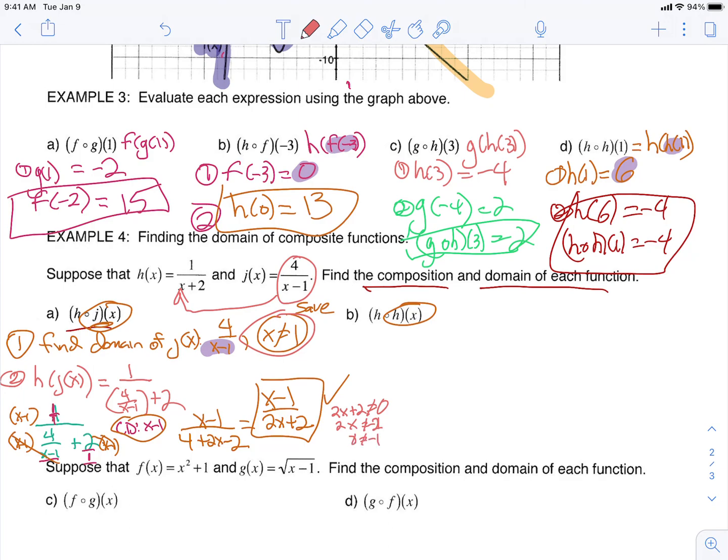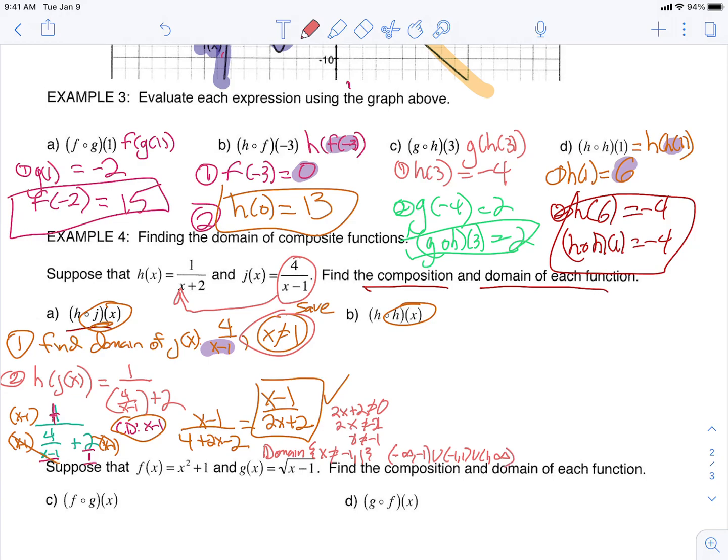So the short answer is my domain is x can't equal negative 1 and 1. But again, if you have to do this in Math Excel, then you're going to write it as interval notation, negative infinity to negative 1, union, negative 1 to 1, union, 1 to infinity.